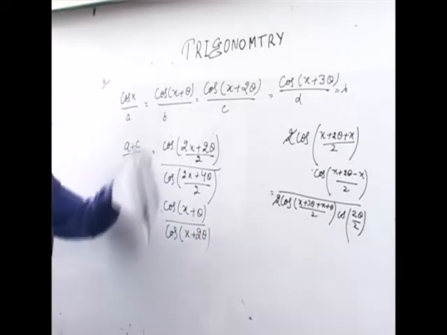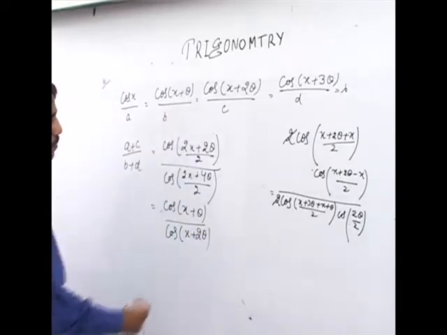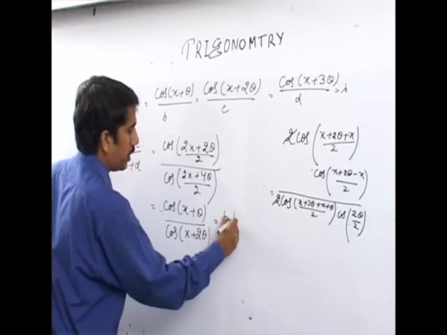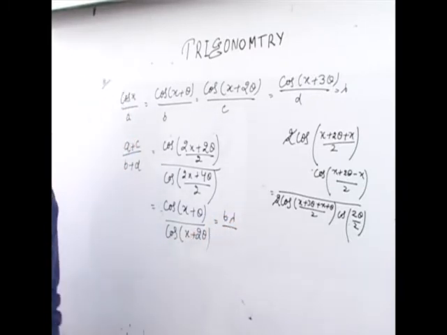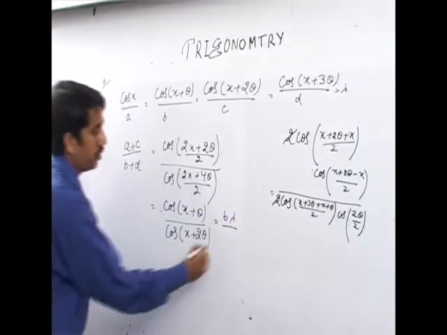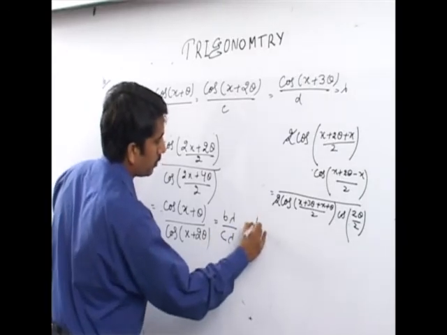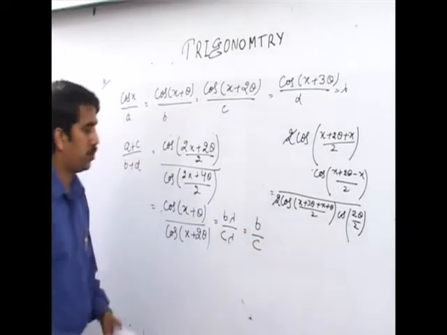Now cos of x plus theta was equal to b lambda, and cos of x plus 2 theta is equal to c lambda. So lambda will cancel out and we are left with b over c.